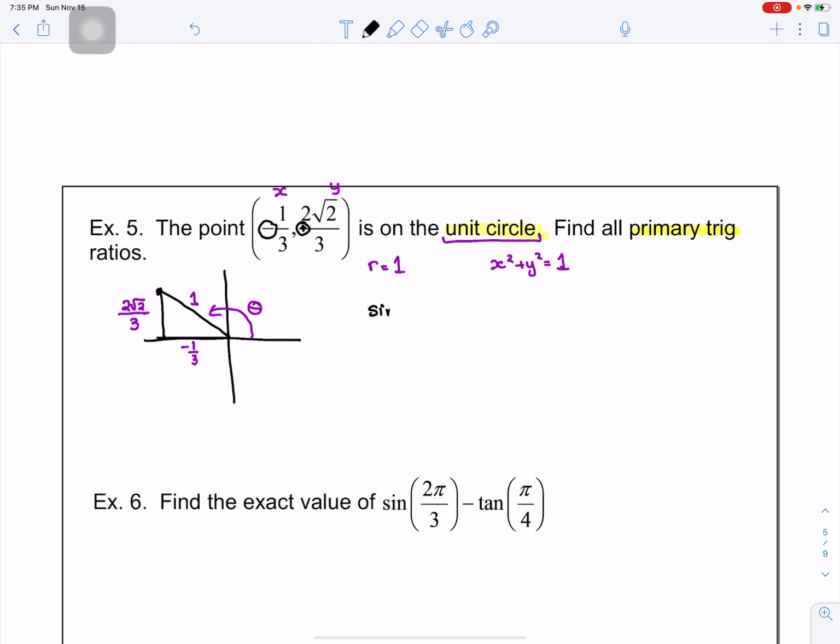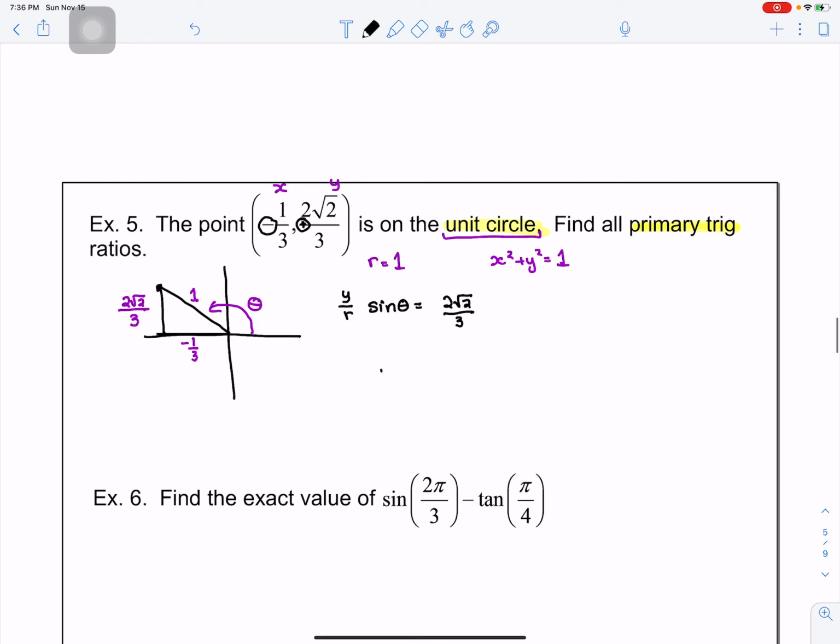So sine of theta is my y over r, so 2 root 2 over 3, and then my r is 1. My cosine of theta is my x over r, but my r is 1, so it's just negative 1 over 3. And then my tan of theta is my y over x, which is 2 root 2 divided by 3 divided by negative 1/3.